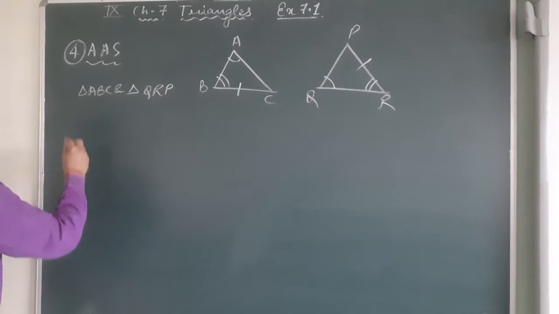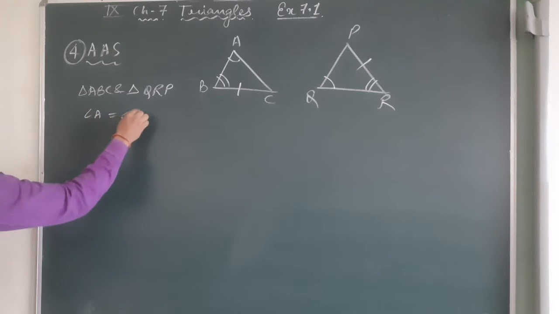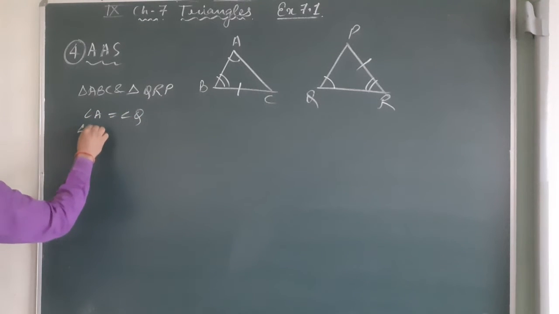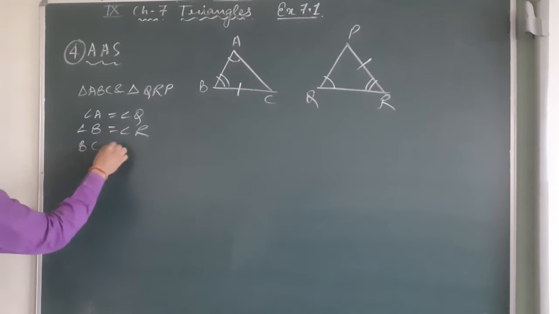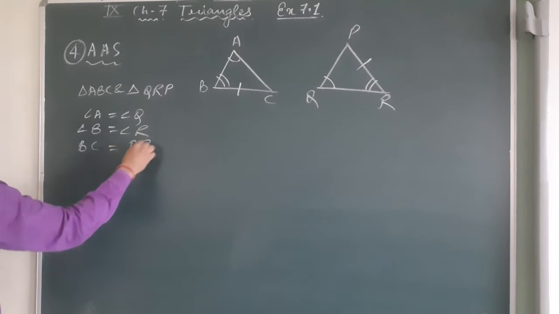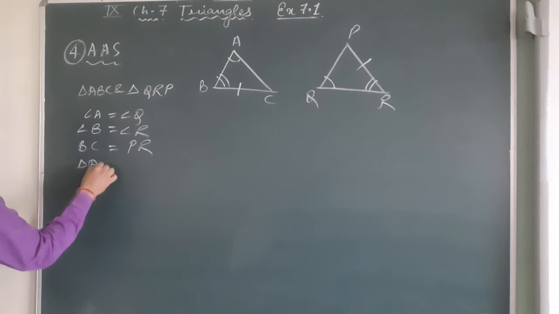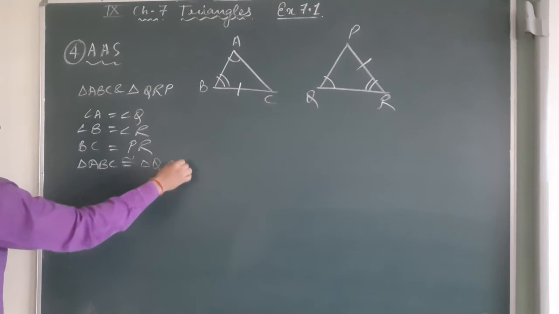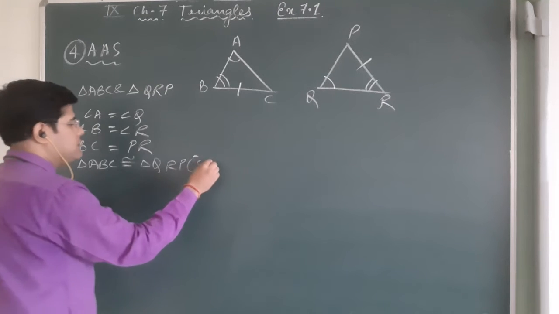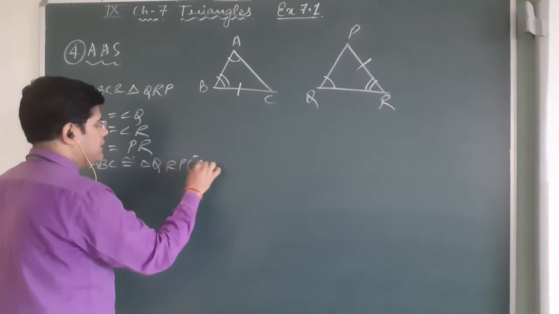Okay, firstly we write angle A is equal to angle Q, angle B is equal to angle R, and BC is equal to PR. So triangle ABC is congruent to triangle QRP by AAS.